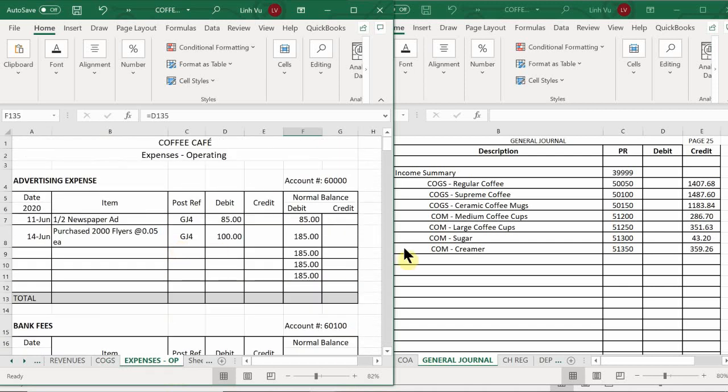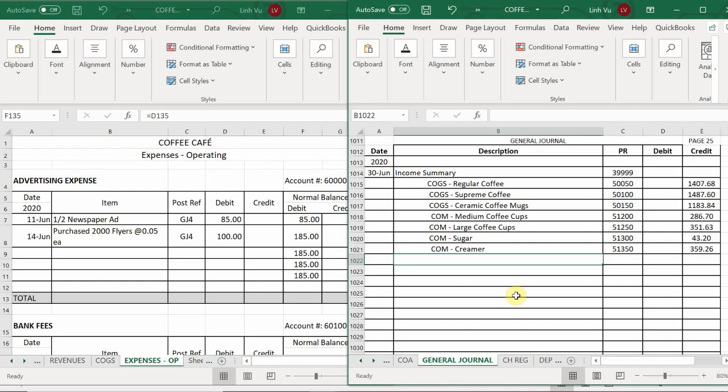So the first account we have here is your advertising expense. Account number 60,000. Okay. How much am I going to credit my advertising expense for?